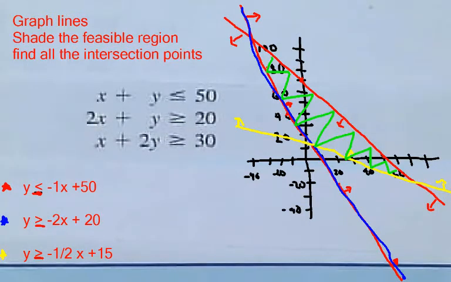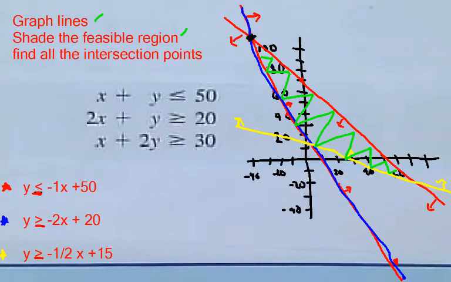Alright, so we did what we were supposed to do. We graphed the lines and we shaded the feasible region. The feasible region is the little triangle there. Now we have to find the intersection point.